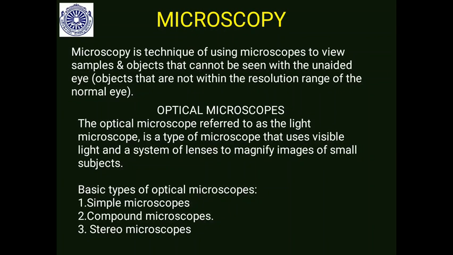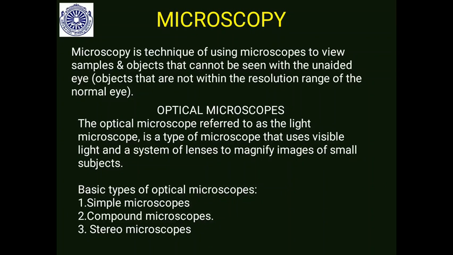Microscopy is a technique of using microscopes to view samples and objects that cannot be seen with the unaided eye. Your eye capacity is limited, so objects that are not within the resolution range of the normal eye need a microscope. For example, if you want to view amoeba or paramecium, you need a microscope. Or if you want to take out a particular salivary gland from a cockroach and study it in detail, then you need a dissection microscope.